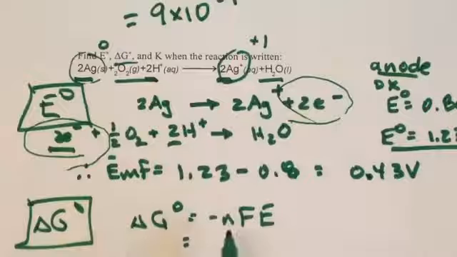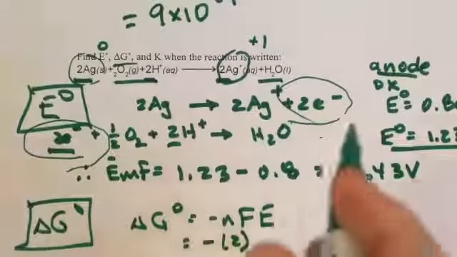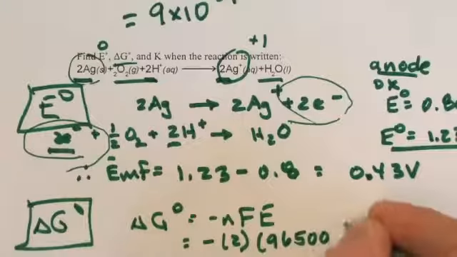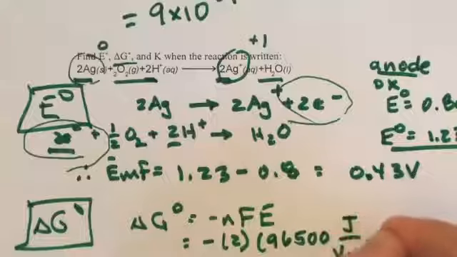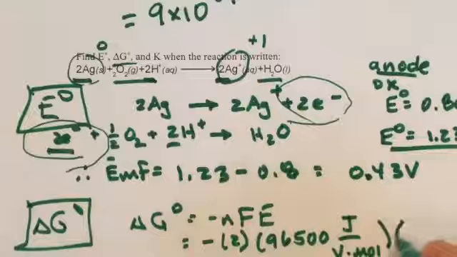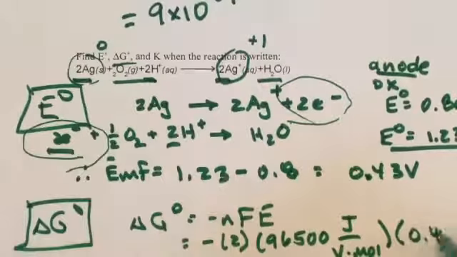So the N for the delta G equation is 2. The F, remember, is Faraday's constant, which can be approximated as 96,500 joules per volt times mole. And then E is the electromotive force, or our standard EMF for the cell, which is 0.43 volts.